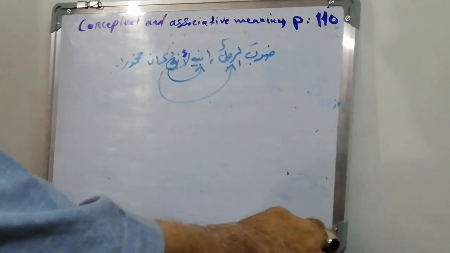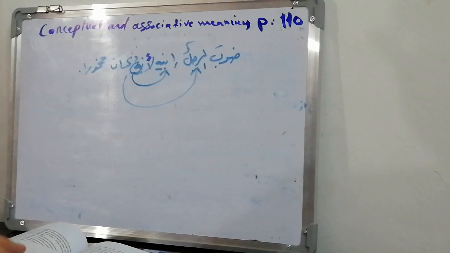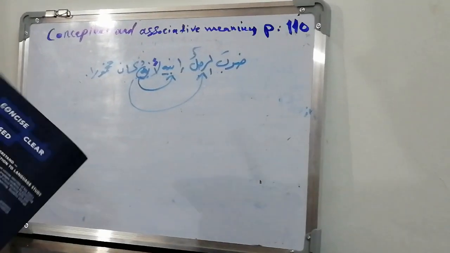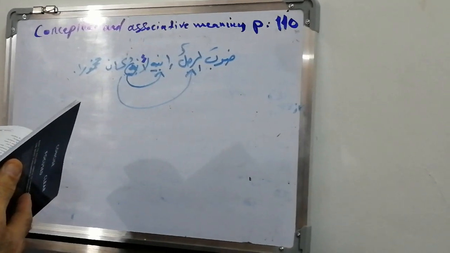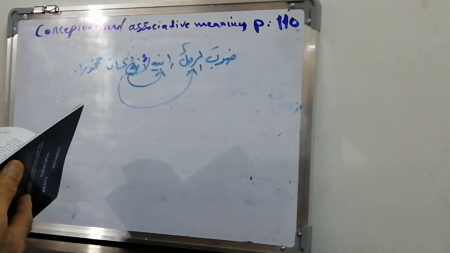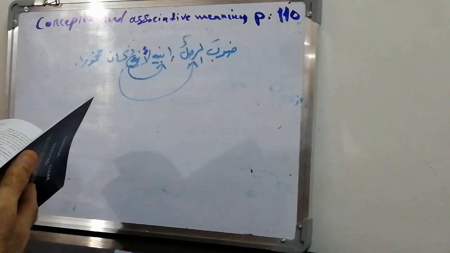Right. Now, what do we mean by conceptual meaning? As I told you, if you want to have an idea about any topic in the book, you can go to the glossary.